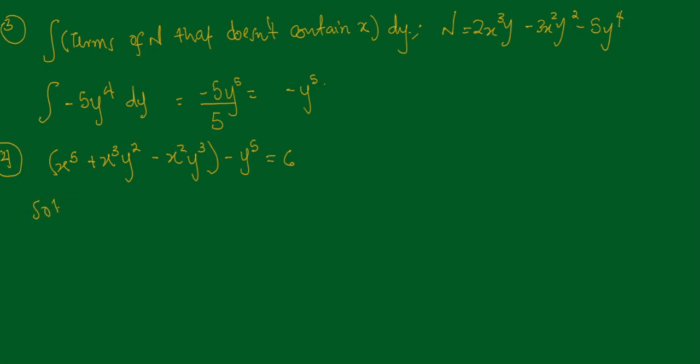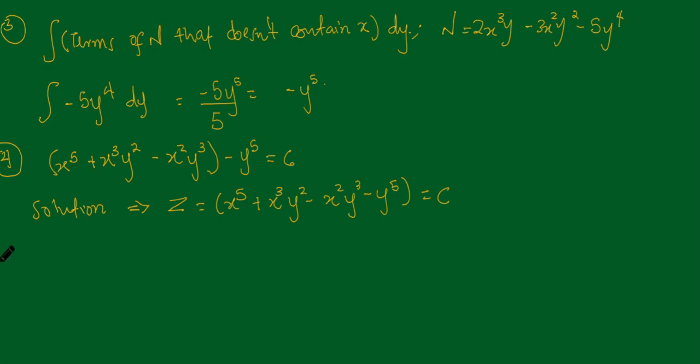So our solution to the differential equation is z is equal to x raised to the power of 5 plus x cubed y squared minus x squared y cubed minus y raised to the power of 5 is equal to c.